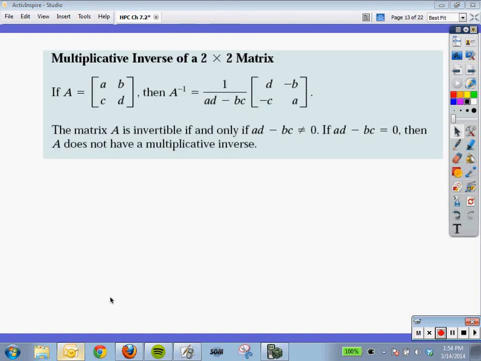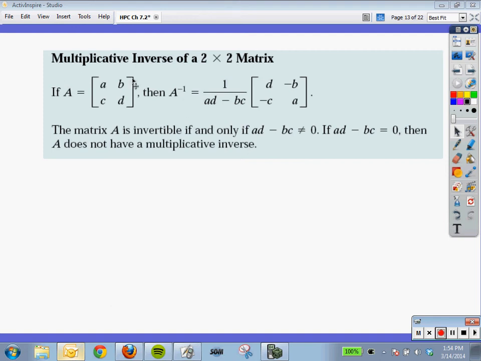Okay, so you guys, what we did is we essentially set up a system of equations using matrices to solve for the multiplicative inverse of a 2 by 2 matrix. But there's actually a formulaic way of doing it, and so I figured I'd show it to you.